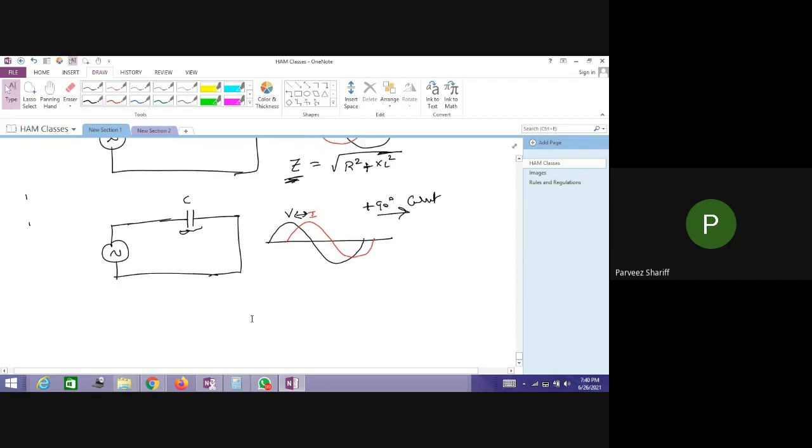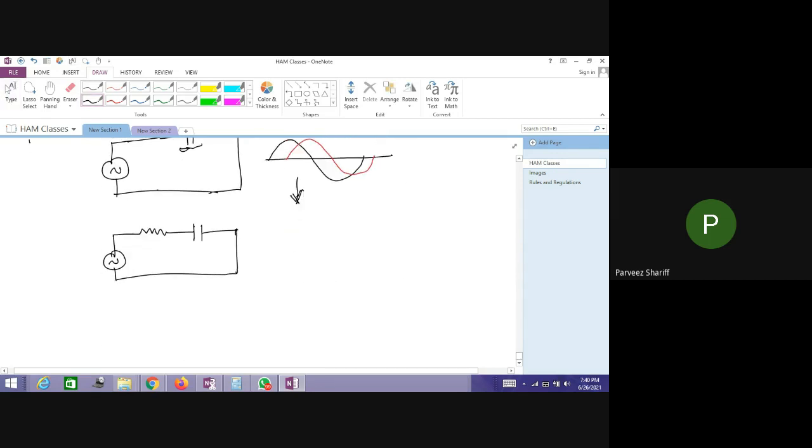And when we have the resistance and capacitance connected to an AC circuit, then the similar effect is applicable. There is no phase change across the resistance, only across the capacitance there is a phase change.